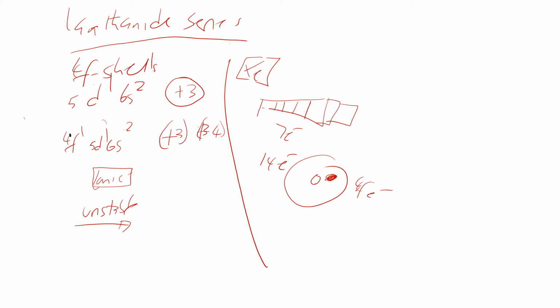The inner orbitals, that is the 5s and the 5p, create a shield for these outer electrons here. Therefore, the 4f electrons do not take part in bonding. They are neither removed to produce ions, nor do they take part in any significant crystal field stabilization or in formation of complexes. So they do not play an active role.